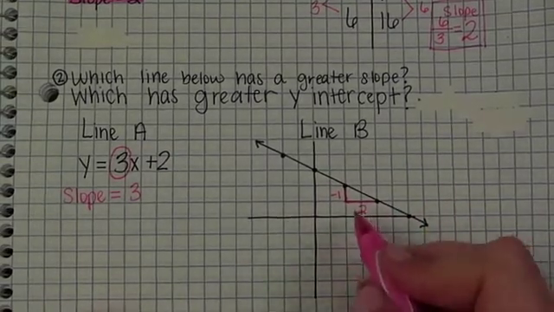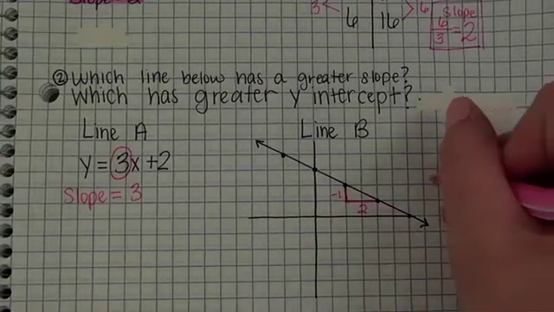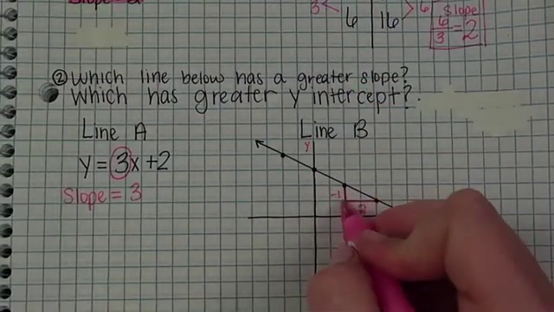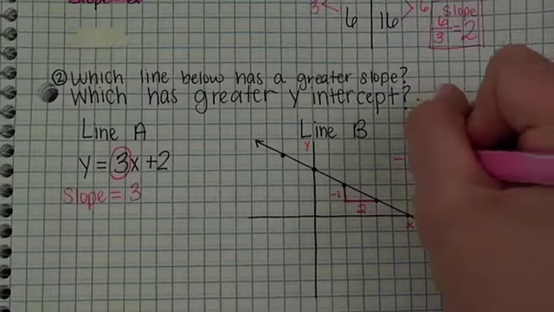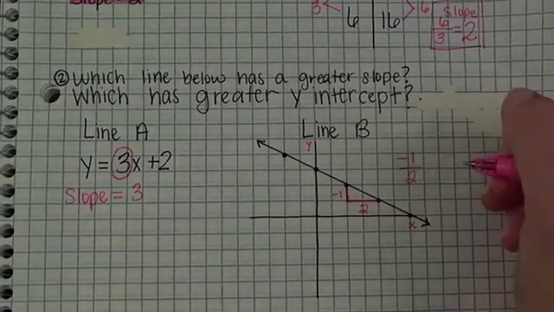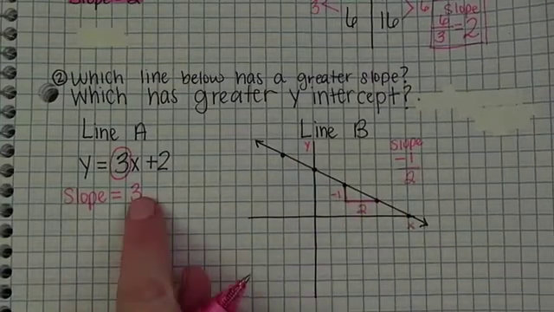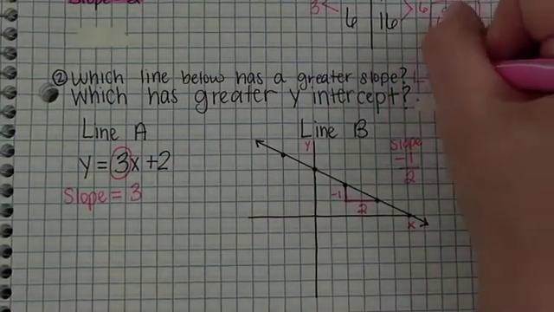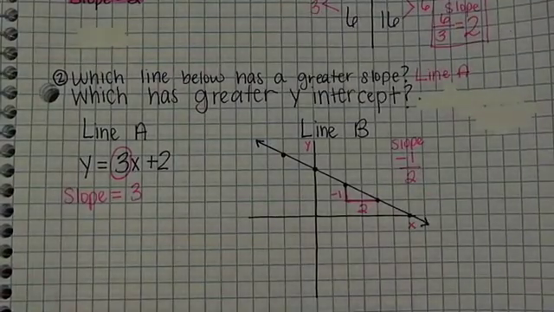So change of y is -1, change of x is 2. You would set it up as -1 over 2, and so our slope would be -1/2. Definitely +3 has the greater slope, so our answer to that part of the question would be line A.